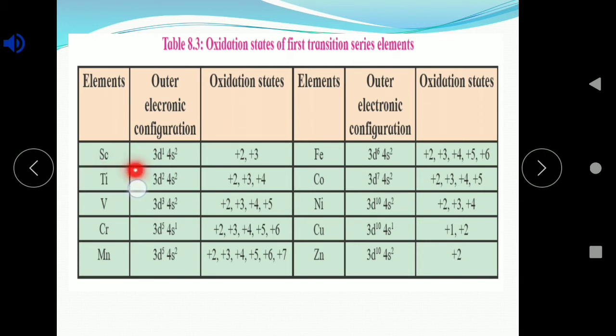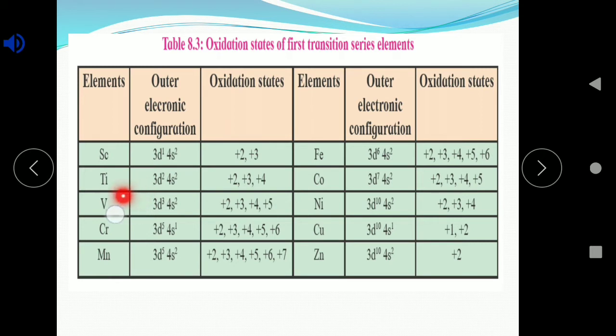Hence scandium has only one electron in d sublevel and 4s has two electrons. If the two electrons from 4s subshell are donated, then it will show plus 2 oxidation state. And while forming a compound, if all the 3 electrons are donated, then it will show plus 3 oxidation state. So it can show plus 2 as well as plus 3 oxidation state. Understood? Okay, let us consider a second example.